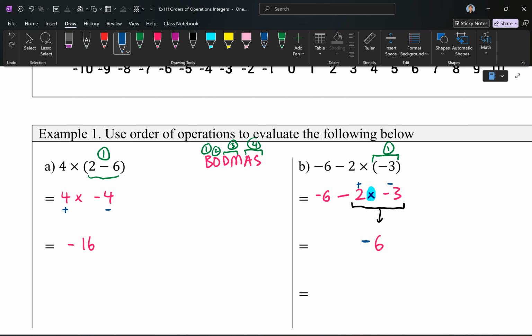So I'm going to put it in blue so you can see. That's a subtraction. That's an operation. So if I write it again, you've got -6, subtract, and -6. This is what you were doing yesterday. So this is exercise 1F. Can you see how it's linking? So every exercise you do is a building block to the next one. So from here, like yesterday, when you minus a negative, what's minusing a negative the same thing as?